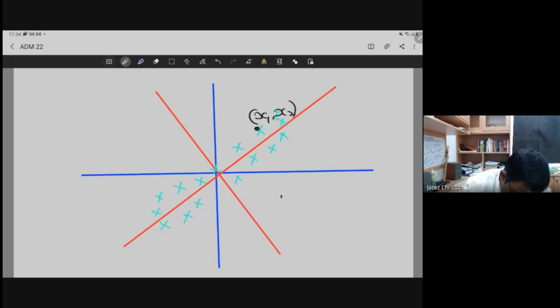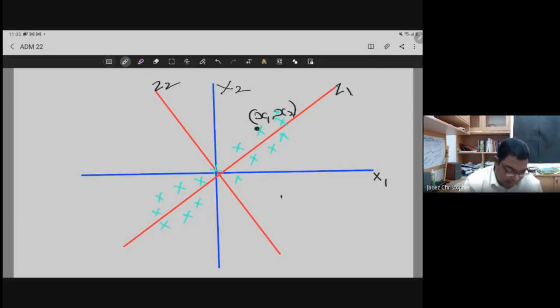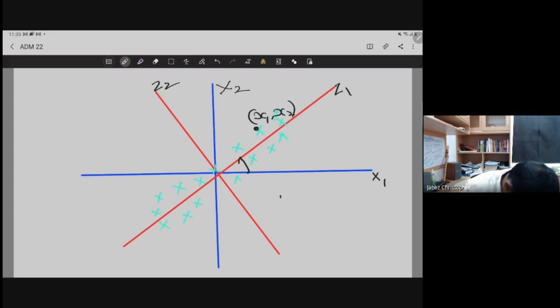This is along the initial axis, and it is tilted to another transformed plane, Z1 and Z2. By tilting it over, I am tilting the x1 and x2 over an angle theta.